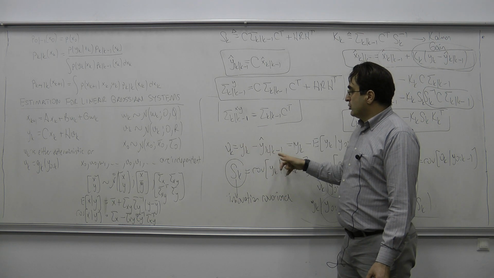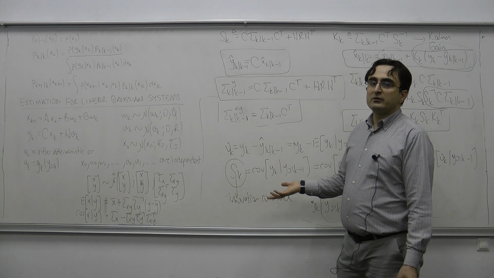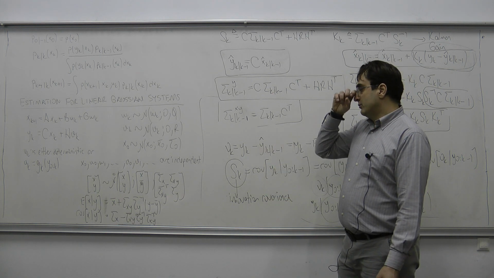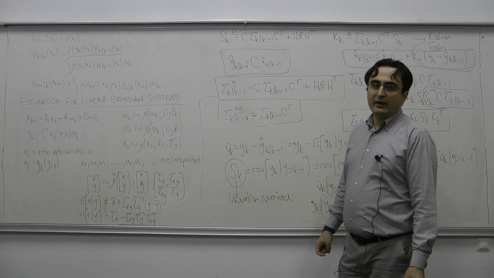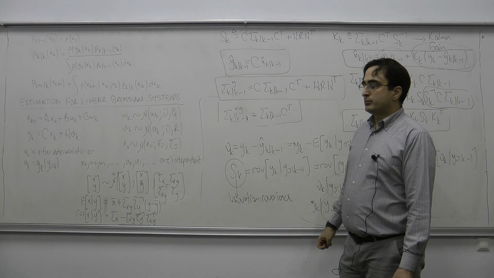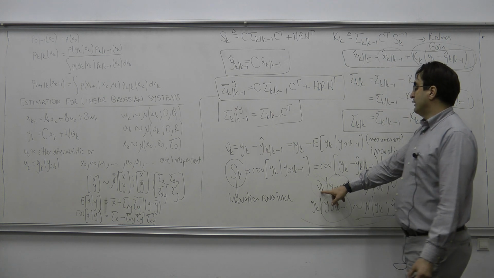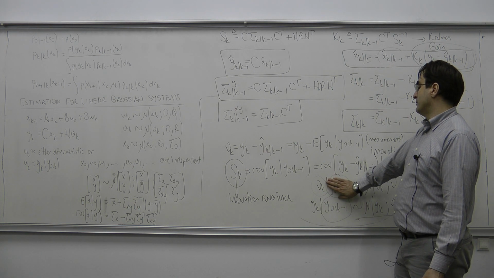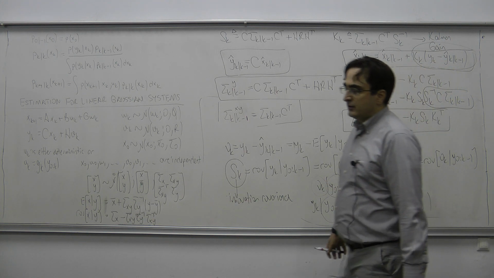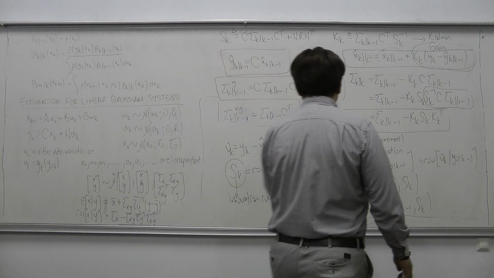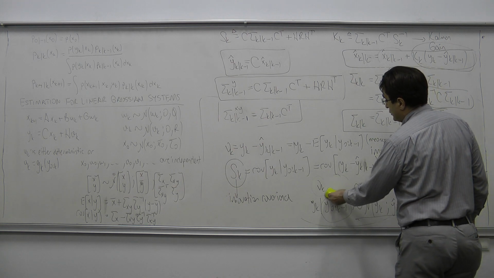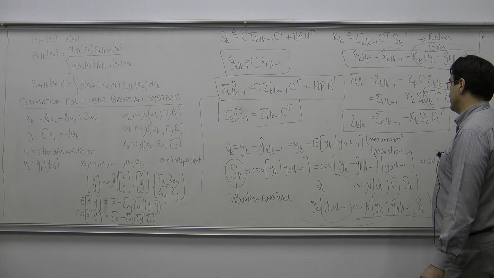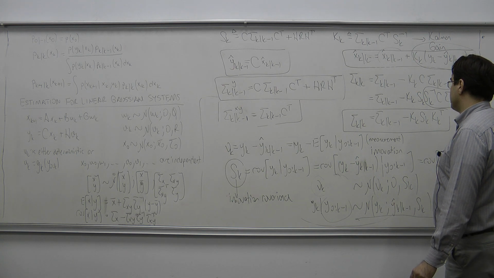As a result, its innovation process should be an independent process. We have seen this. For any Gaussian process, when we calculate the innovation like this, that has to be an independent process, meaning that this nu k is going to be independent of y0 to k minus 1. So as a result, the unconditional distribution of the innovation process is just going to be this one. All right?